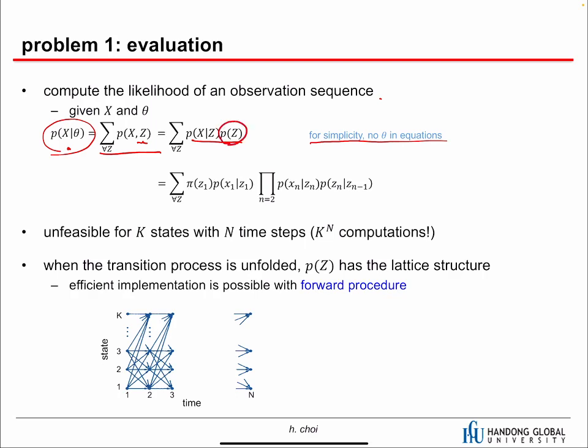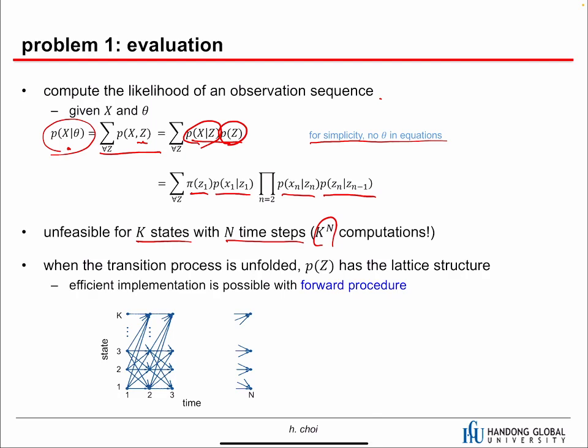And then we have a P of Z. P of Z can be rewritten by this pi and P of Z sub n given Z sub n minus 1. And then P of X given Z can be decomposed like this. Since we have K states with N time steps, we have to calculate K to the power of N computations, which is infeasible.